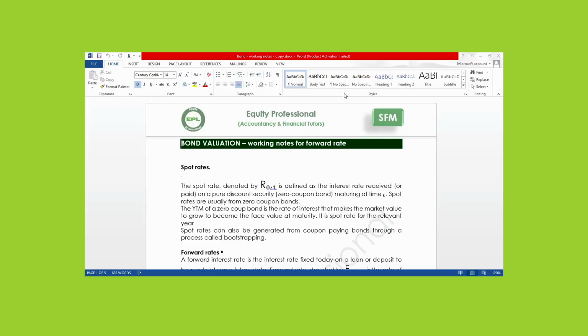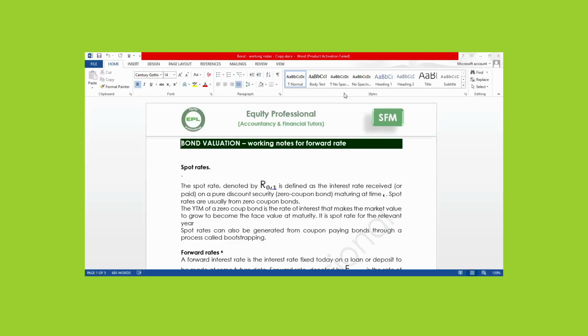You can either use a spot rate or a forward rate. We have solved two questions, and in both we used spot rates.